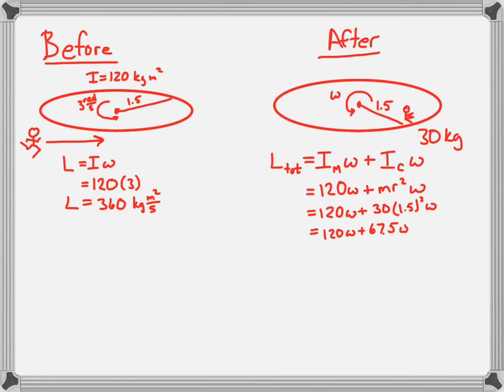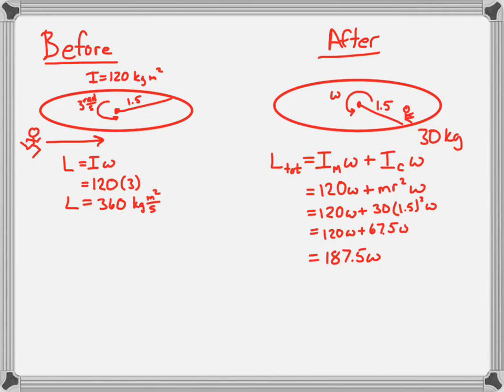Okay, and then we have to put omega at the end since we haven't done anything with that. Well, if I add 120 omega plus 67.5 omega, that's 187.5 omega. Now, conservation of angular momentum says that what I have on the left-hand side of this equation is the same as the angular momentum I started off with.